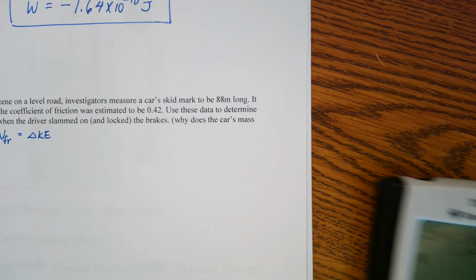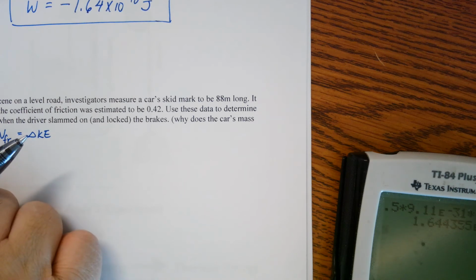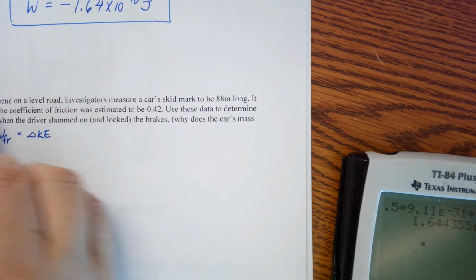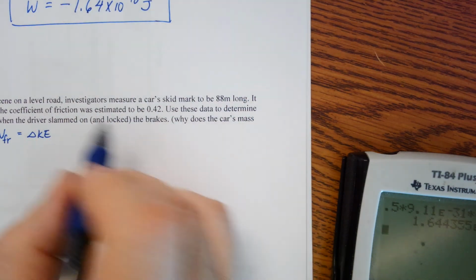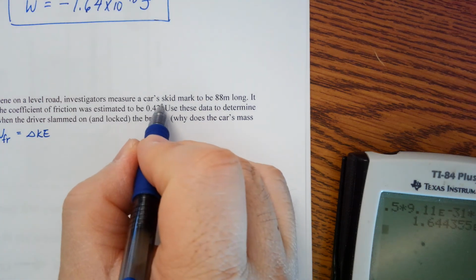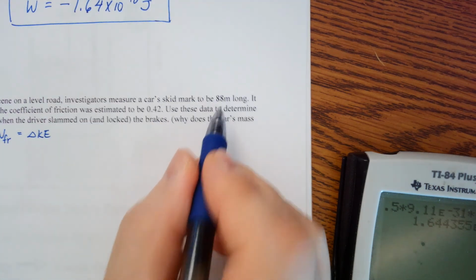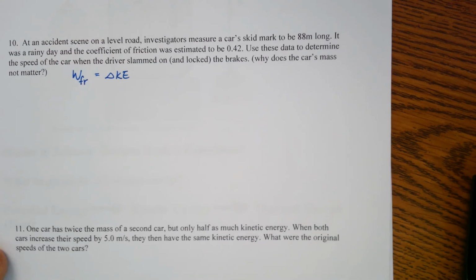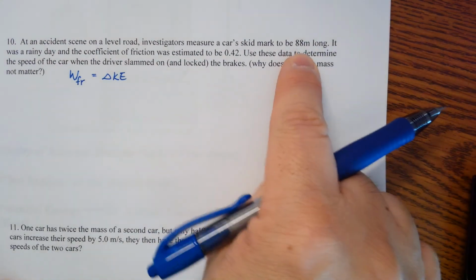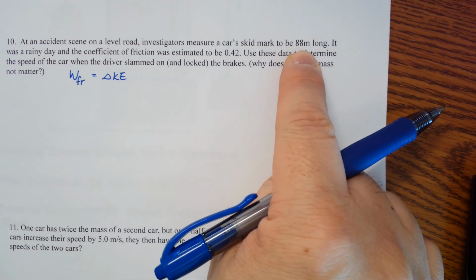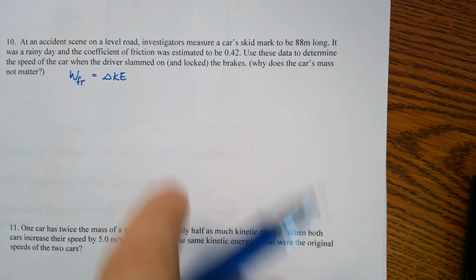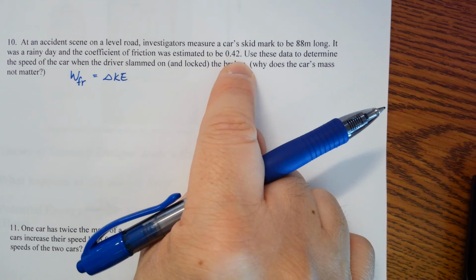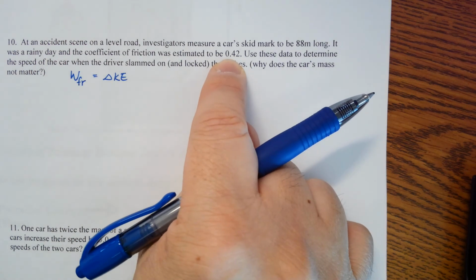Now for number 10. At an accident scene on a level road, investigators measure a car skid mark to be 88 meters long. Wow, that's a long skid mark, right? That's almost the whole football field. It was a rainy day, and the coefficient of friction was estimated to be 0.42.